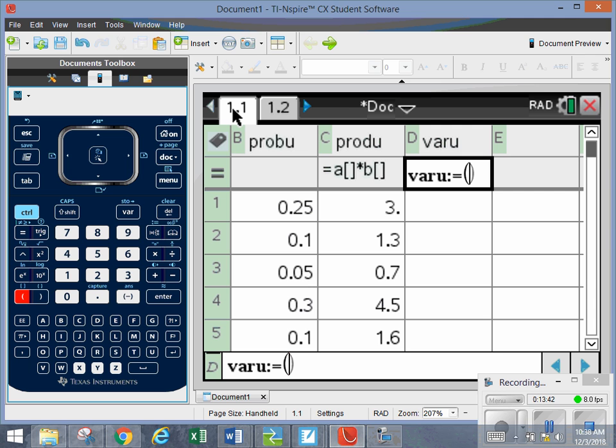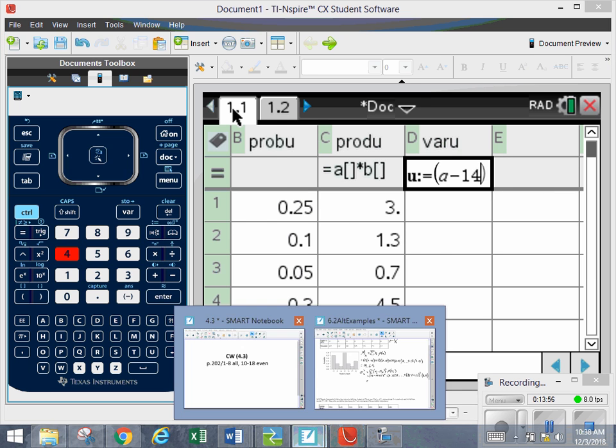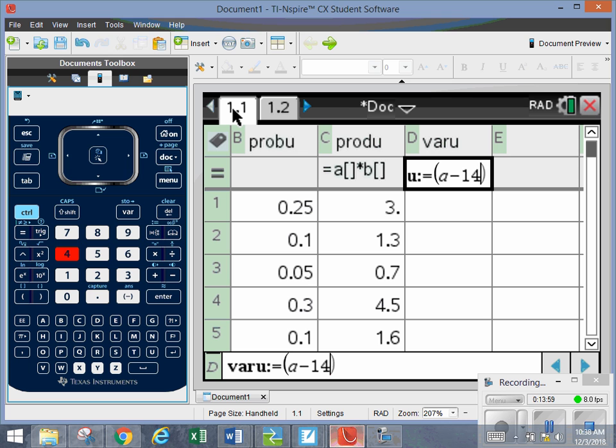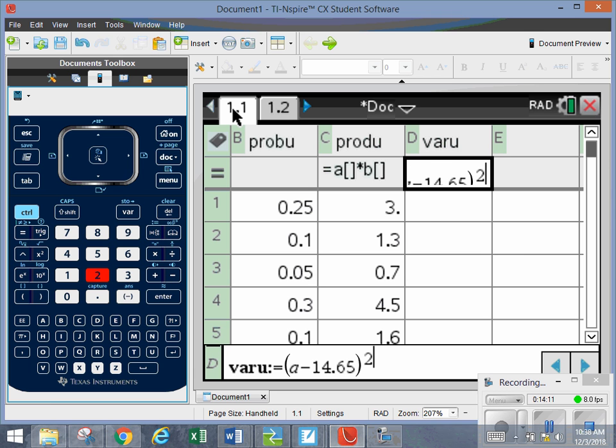I'm going to have each x, which I believe I can refer to just as column A, and that's going to go minus my mean, which was 14.65. I'm going to close my parenthesis, square it, and then multiply it times prob u. Let's see if it'll do column B.